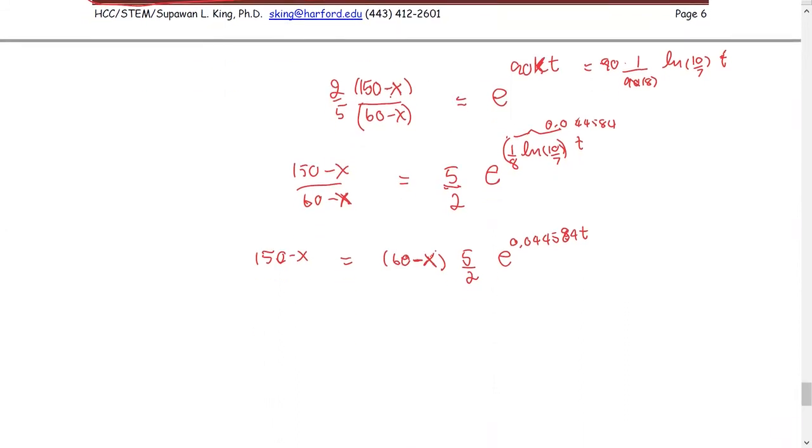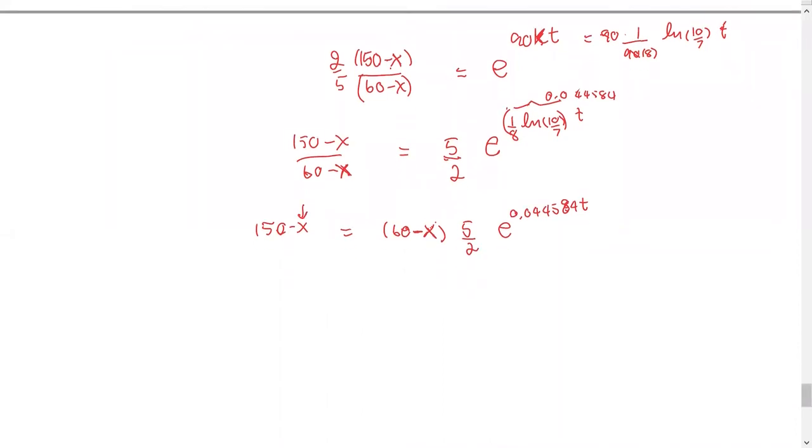Now, our goal is to find the form of the x. X right here, x right here. Expand the right hand side, that's 60 times 5/2 or 30 times 5. Let's write one more right here, and then e to the power 0.04458 t minus 5/2 times x times e to the same power.